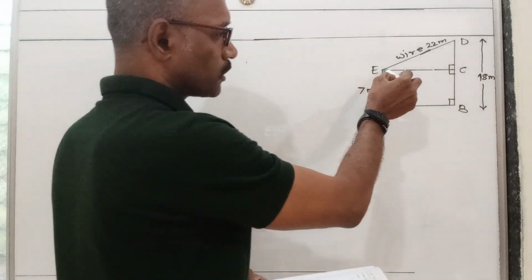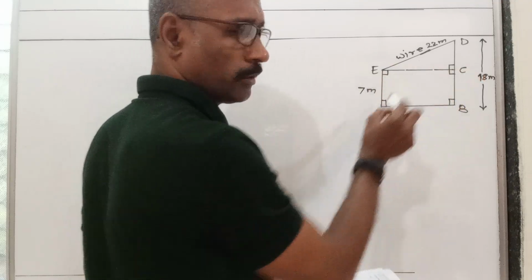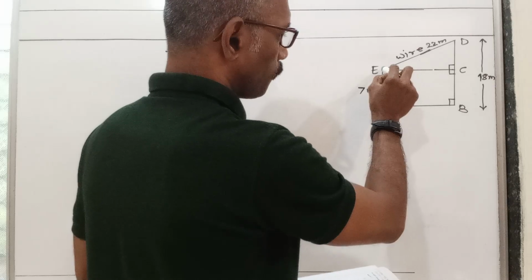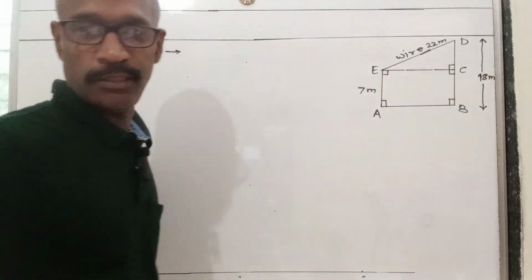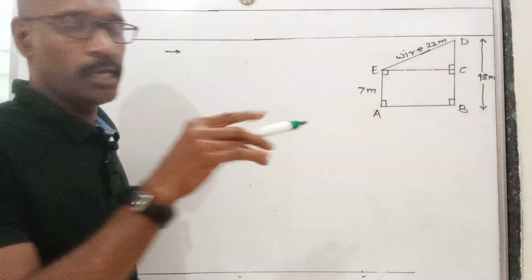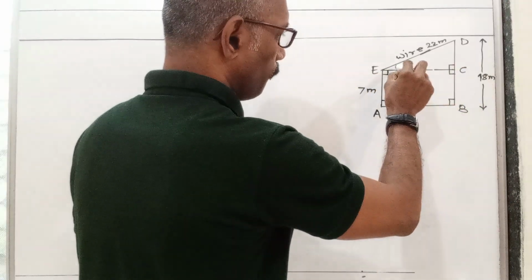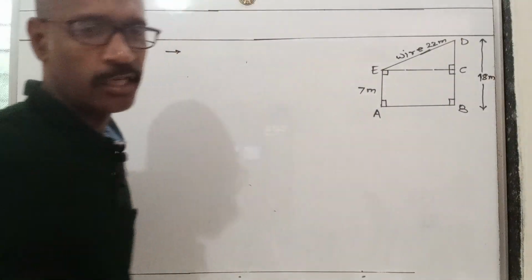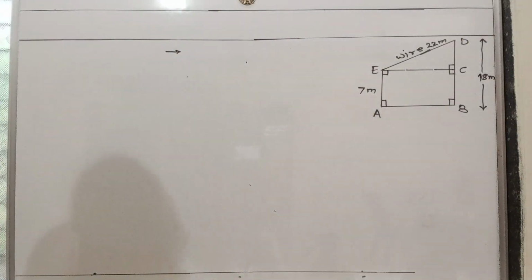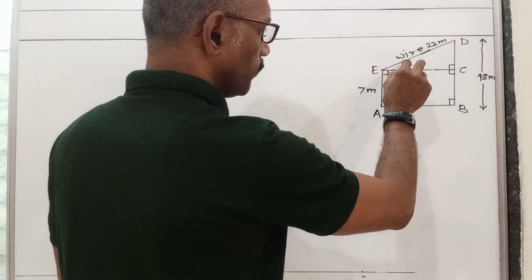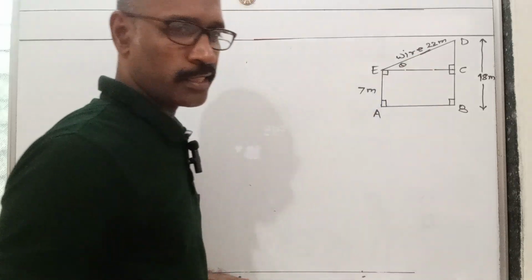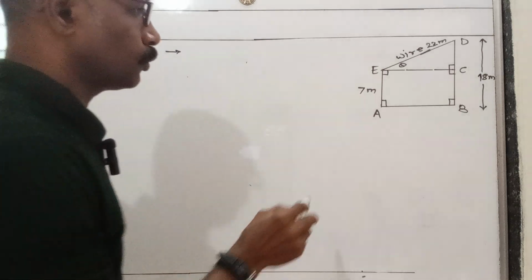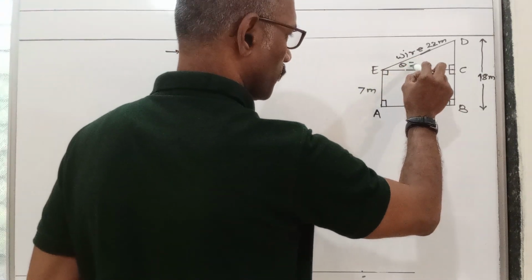This is the line segment joining point E and C. That is horizontal. And this horizontal line segment makes an angle with this wire of 22 meter. Then we want to find the measure of this angle theta.